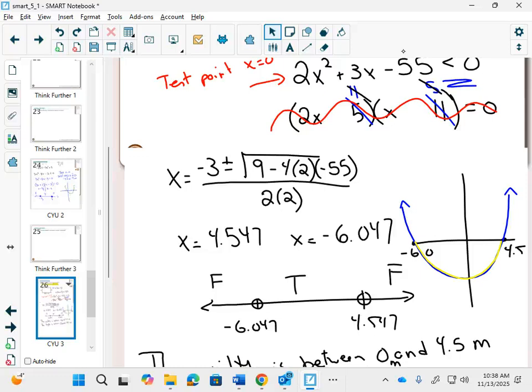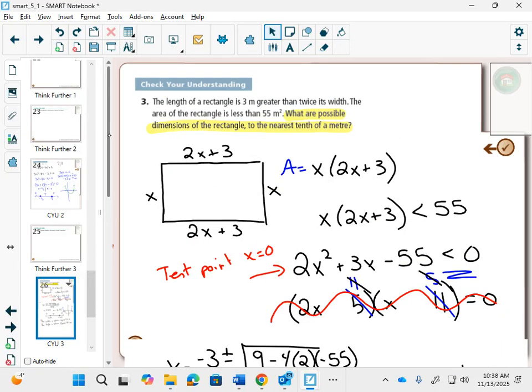Anything else that I can do to clear it up a little bit more? Like, x can be anything you're thinking, yes, but then if this is 100, this will be 203. That won't create an area less than 55. So that less than 55 restricted us on what our x values could be.